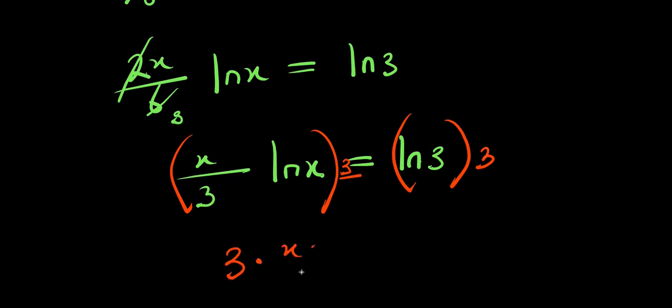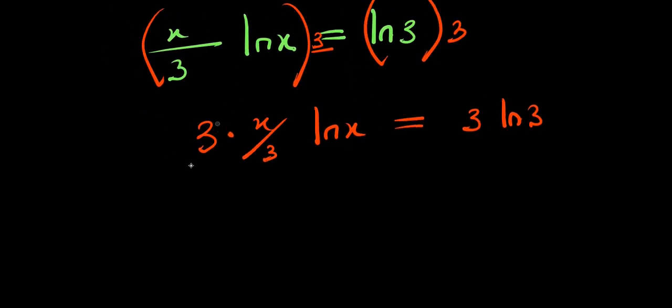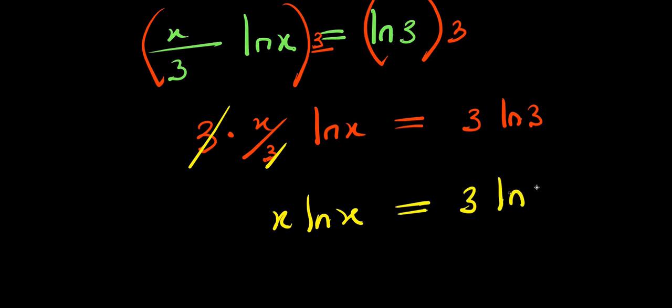You have 3 times x over 3 of natural log of x equals 3 times natural log of 3. So from here, this cancels this. I have x times natural log of x equals 3 times natural log of 3. X, 3, 3. Natural log, that means x equals 3.